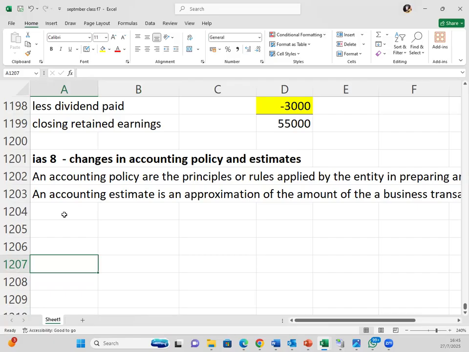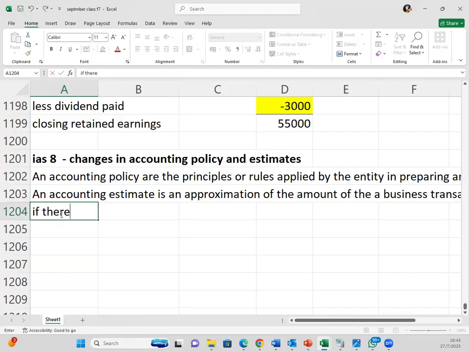That's a change in the rule, not an estimate. So if there's been a change in the rule that we have been applying, or if there's been a change in the accounting policy, we are supposed to make what you call a retrospective adjustment.